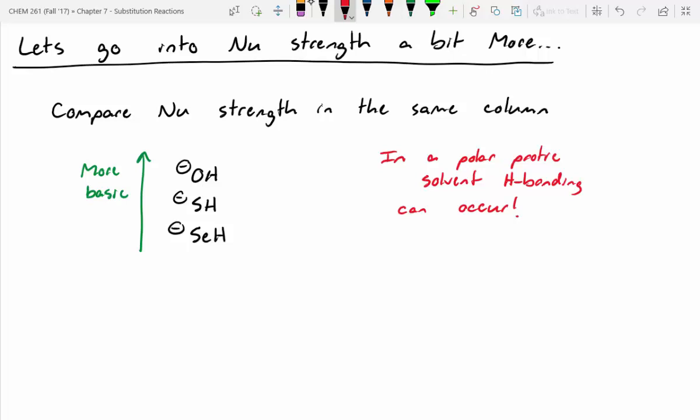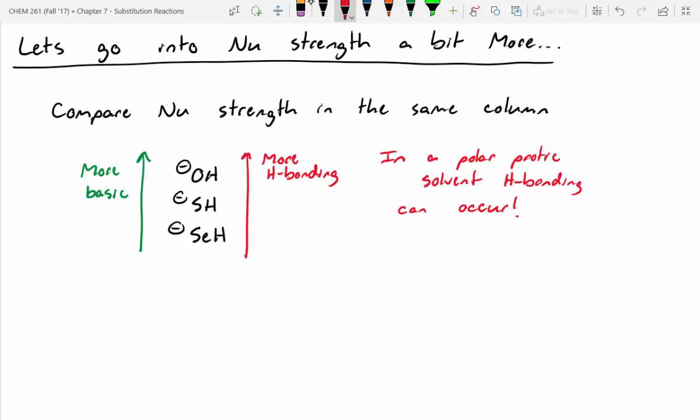The hydroxide or the selenium? Okay, so more H bonding as you go up that column. All right, so knowing that, which one's going to be more nucleophilic in a polar protic solvent? Will it be the top or the bottom?